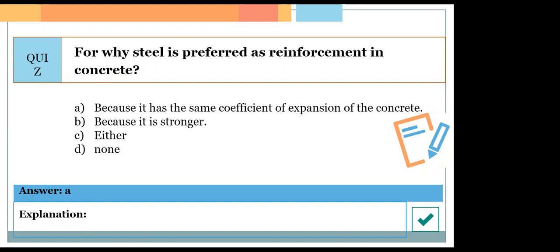It's making it stronger because the concrete is cracking. The steel is good for tension and compression, right? So they are opposite of each other, so it's making it stronger.